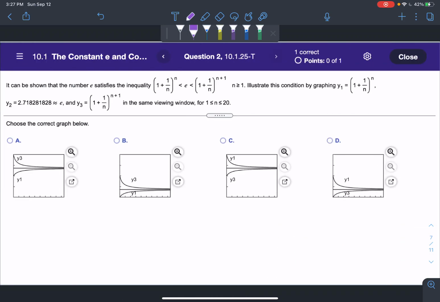Okay, and then question 2. This one's saying that it can be shown that e is between these two expressions when n is greater than or equal to 1. And so we want to graph these 3 functions. I think the easiest one would be to graph y2 equal to 2.7.